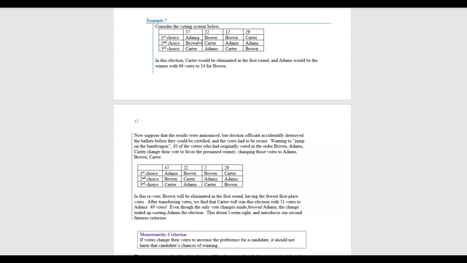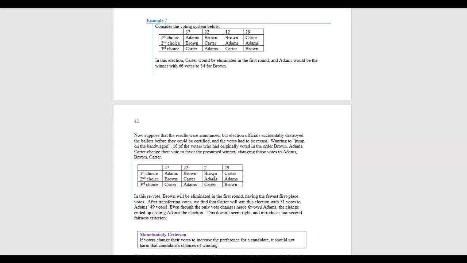So let's suppose that the voters who originally voted Brown, Adams, and Carter right here, just these two, changed their vote to favor the presumed winner, changed their votes to Adams, Brown, Carter. All right, so in other words, this right here, Adams, would go up to the top.